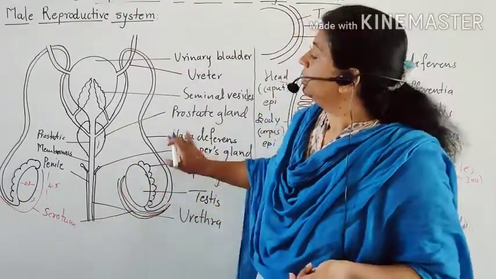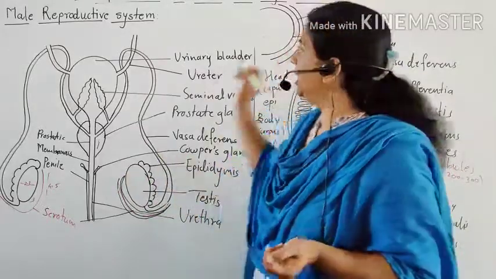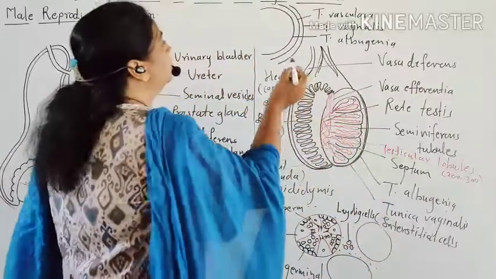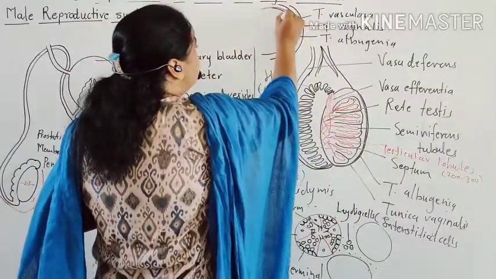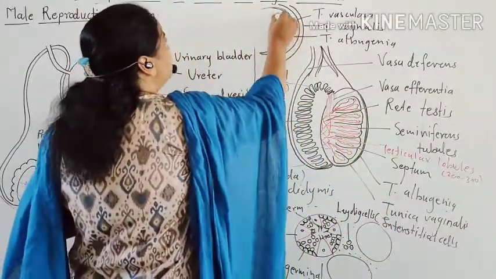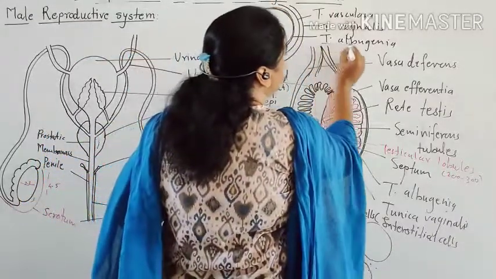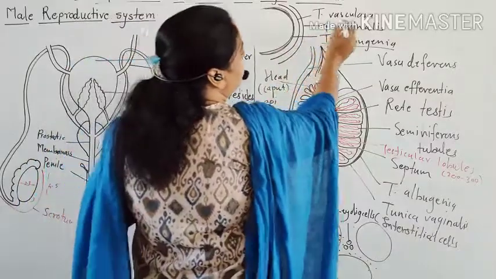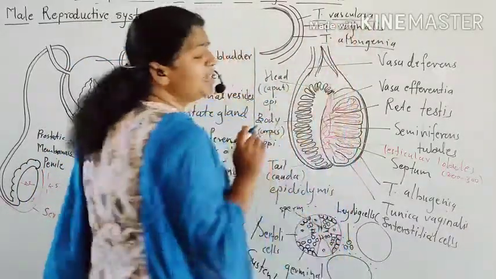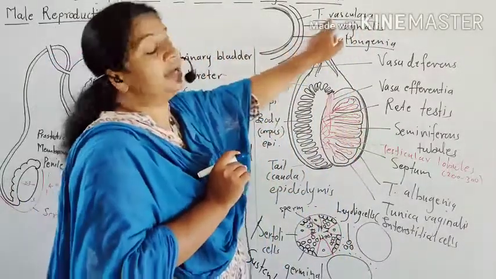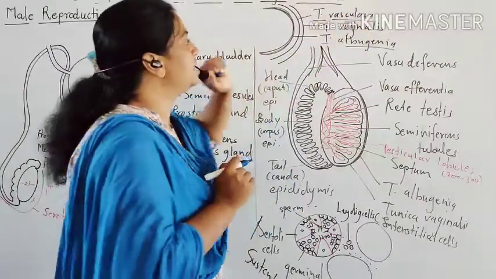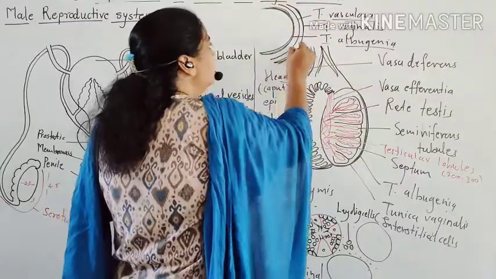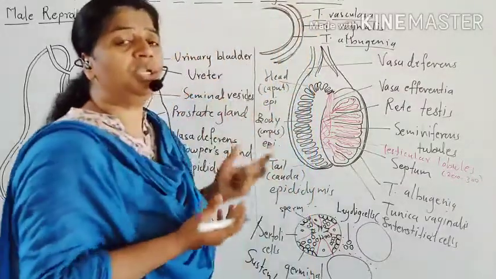Each testis is externally covered by 3 layers. The tough collagenous fibrous layer is called the tunica albuginea. Outer to it is the incomplete tunica vaginalis, an incomplete peritoneal layer.